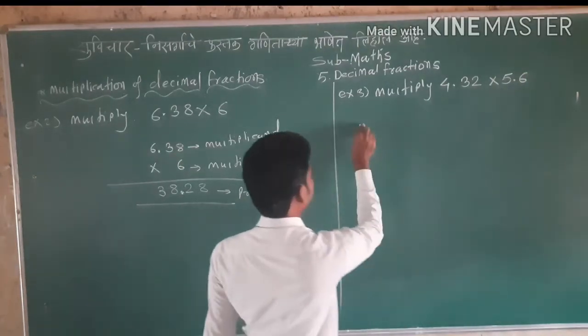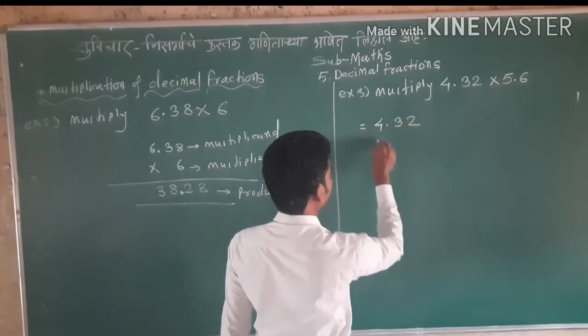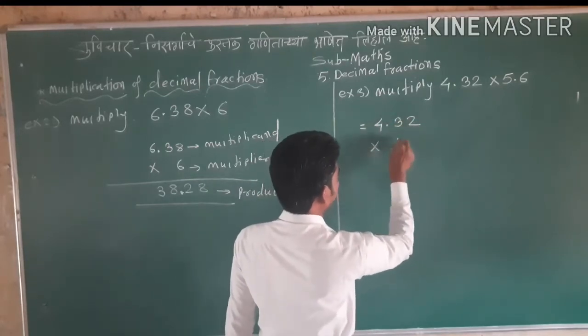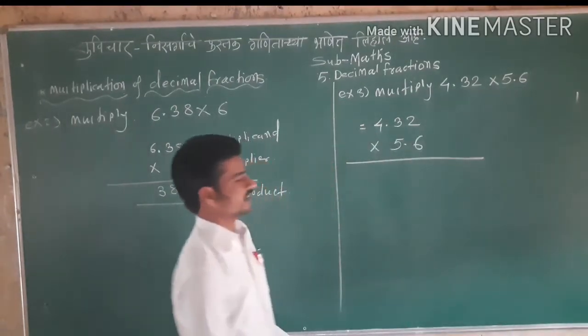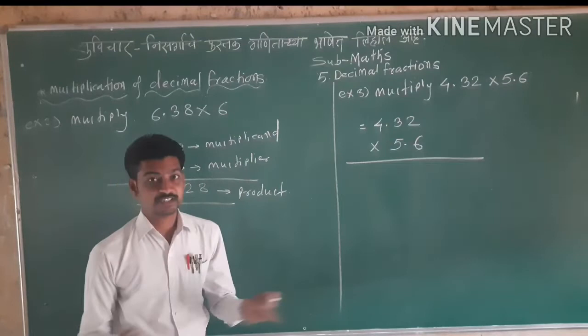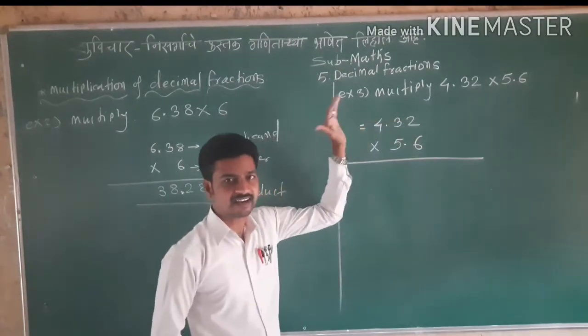Now see here the example. 4.32 into 5.6. Solve the example. Ignore the decimal point. दशांश चिन्ह नाही असे समजा आणि गुणाकार करा.